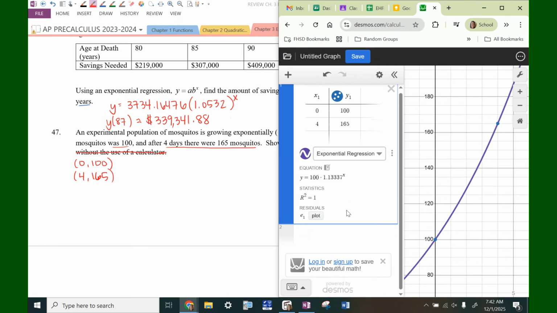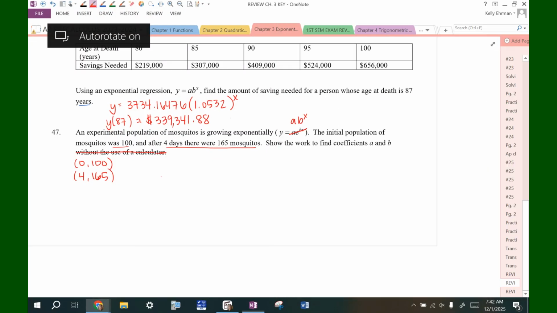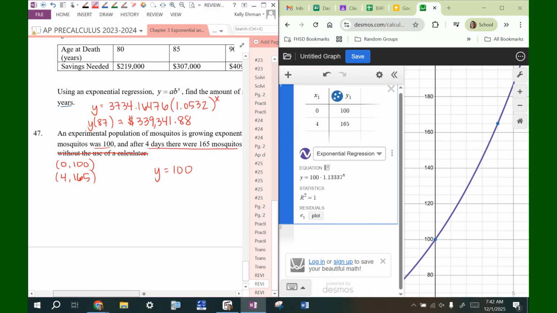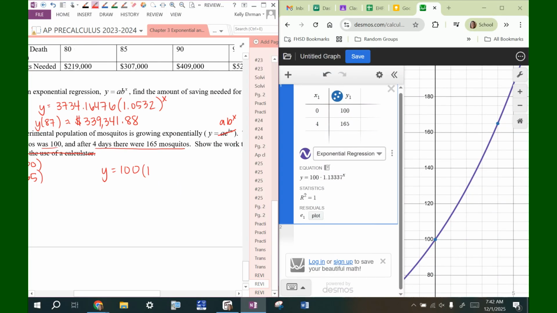So y equals 100. That makes sense because when you plug in 0, you get 100, times 1.13337 to the x. So a is 100. b you can round when you're reporting it, 1.133.